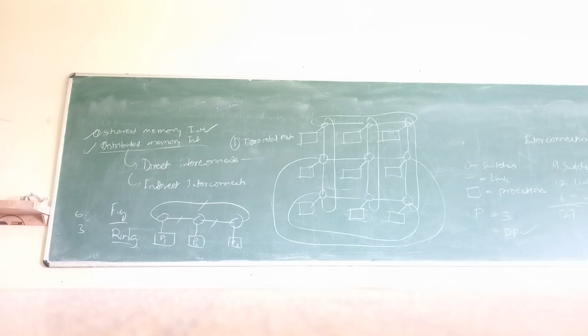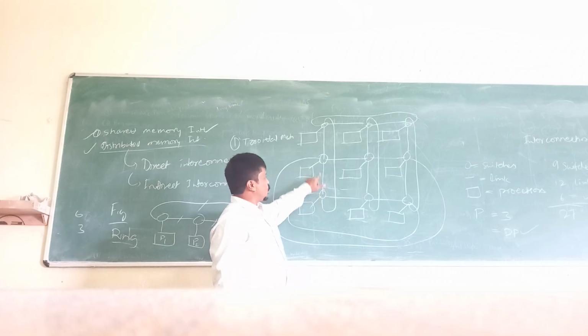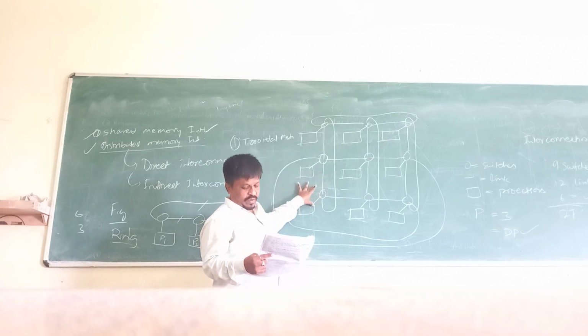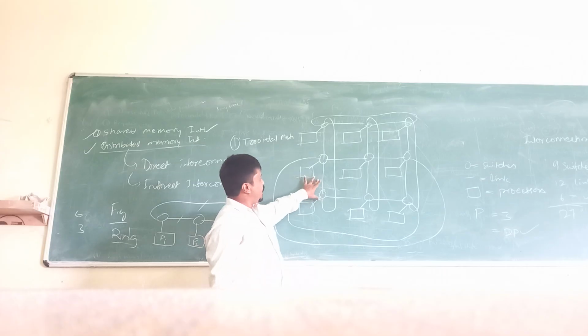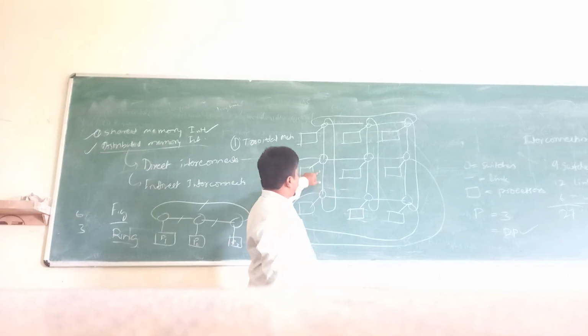The speed of the data flow between the processor and the switch, and also between switch and switch, depends on how they are connected to each other. Usually the speed on the processor-to-switch link may be very different from the data flow between switch to switch.